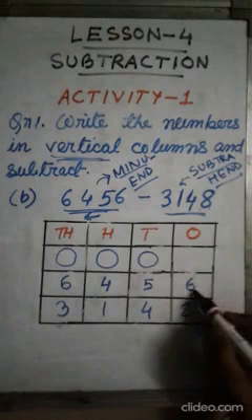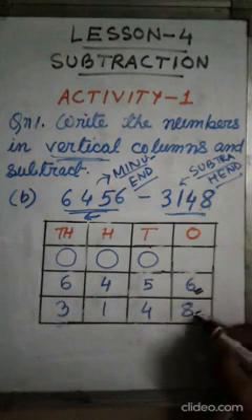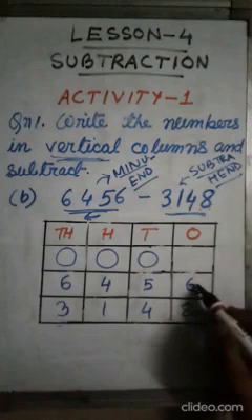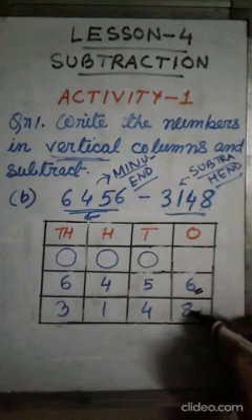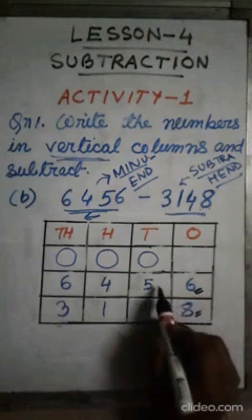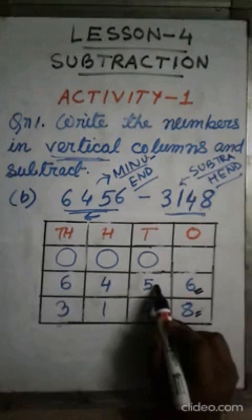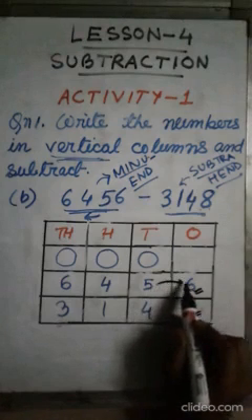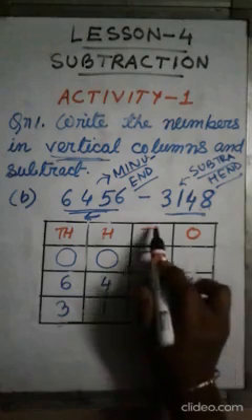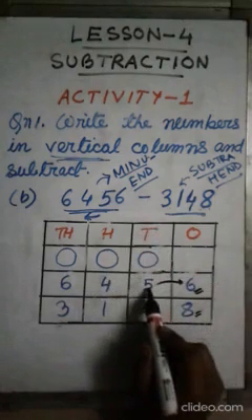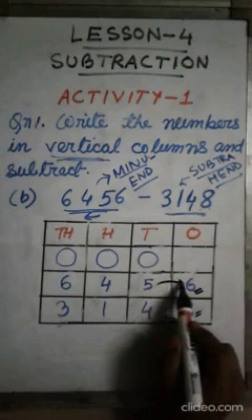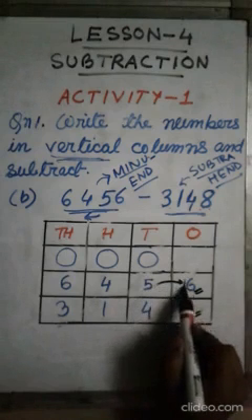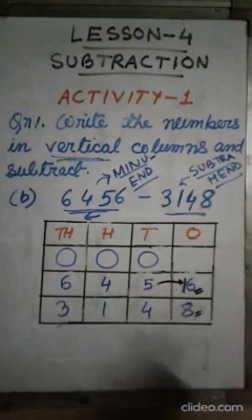Here you can see we cannot subtract 8 from 6, as 6 is a smaller number than 8. Then what we have to do? I have to borrow 1 from the next place, that is from tens place. From 5 I am borrowing 1 and this number becomes 16.